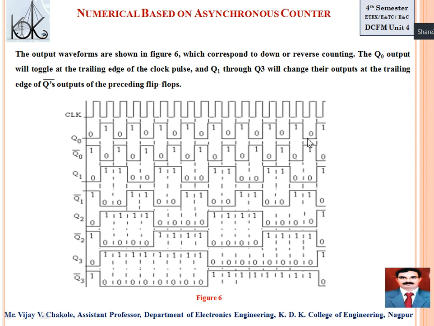So after the 16th clock pulse, your output is again 0 0 0 0, and whenever the 17th clock pulse comes, your output becomes 1 1 1 1. So 0, 15, 14, 13, 12, 11, 10, 9, 8, 7, 6, 5, 4, 3, 2, 1, 0. Again after 0 you are going to 15, and this goes on.